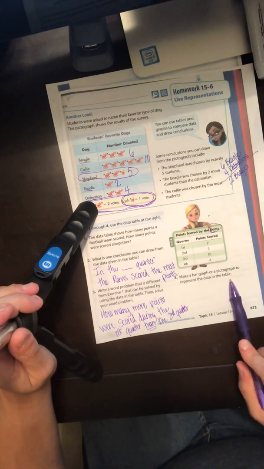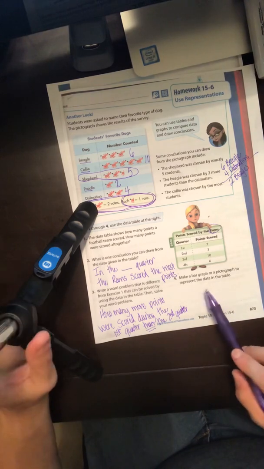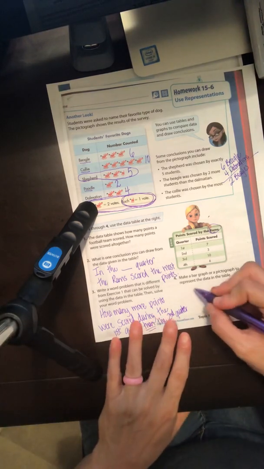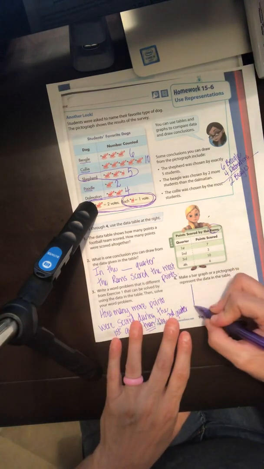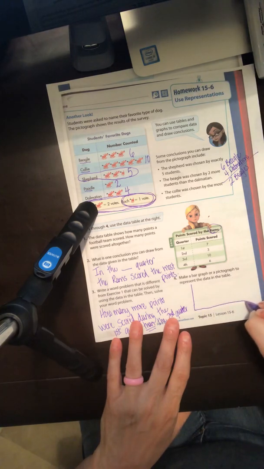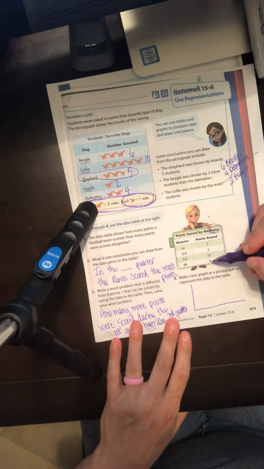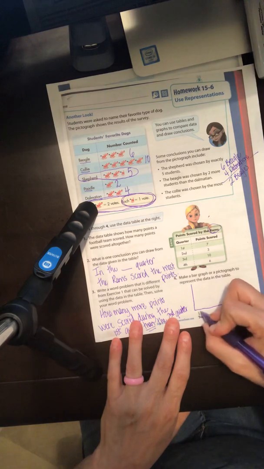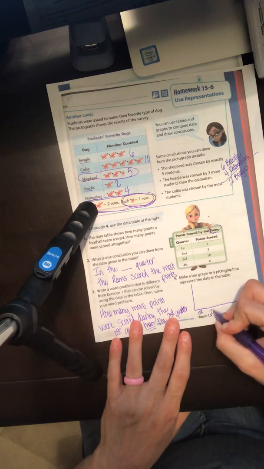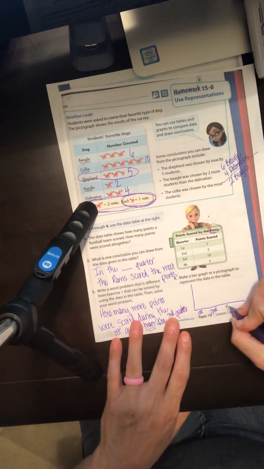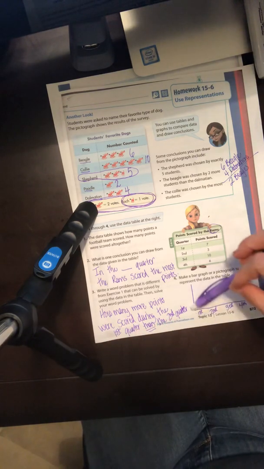Make a bar graph or pictograph to represent the data below. Remember, you can make a bar graph. I want you guys to make a bar graph. We won't even worry about a pictograph. Now I'm going to start off with first quarter, first, second, third, fourth. What can I label on the side?